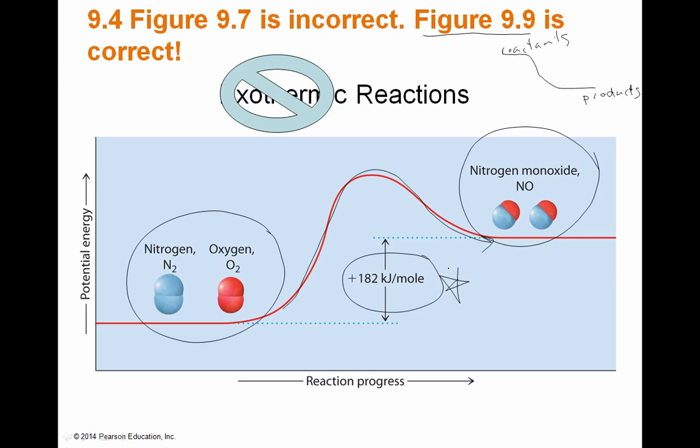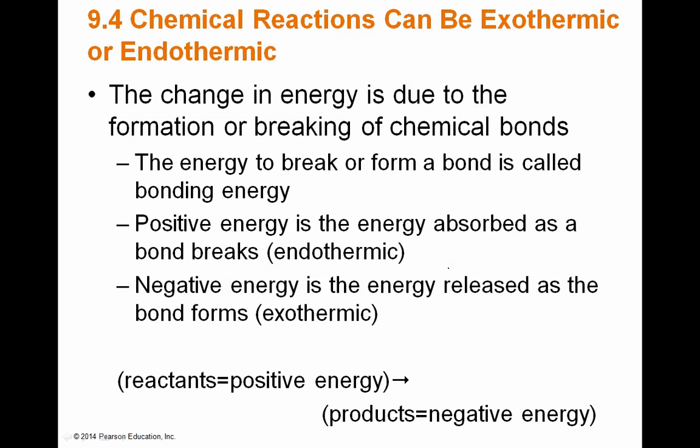It had to break the bond between the two O's, and then it had to form the bond between each individual nitrogen and each individual oxygen. So for every reaction, you're breaking bonds and forming bonds. So the question is, does breaking the reactants' bonds require more energy than the energy produced by forming the product's bonds?